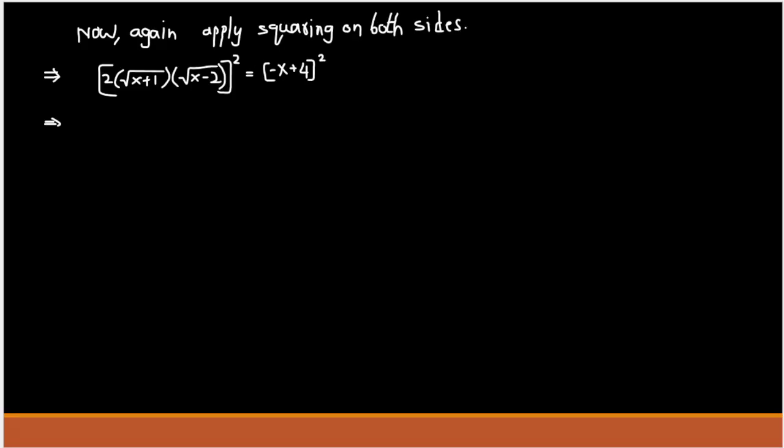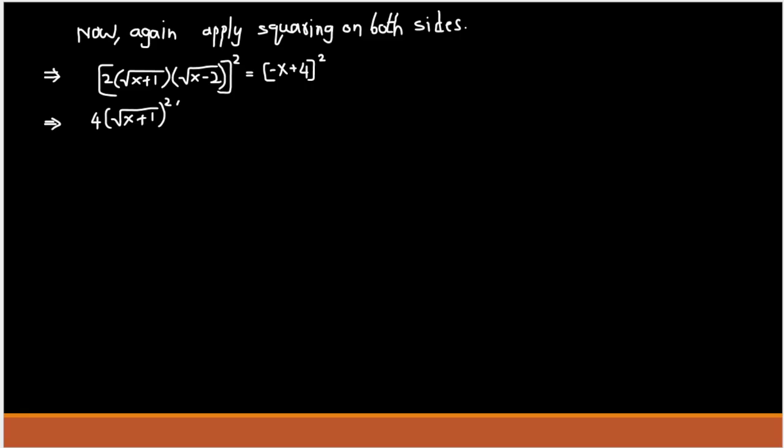Now again apply squaring on both sides. So we get 2 of square root of x plus 1 into square root of x minus 2 whole square equals minus x plus 4 whole square.